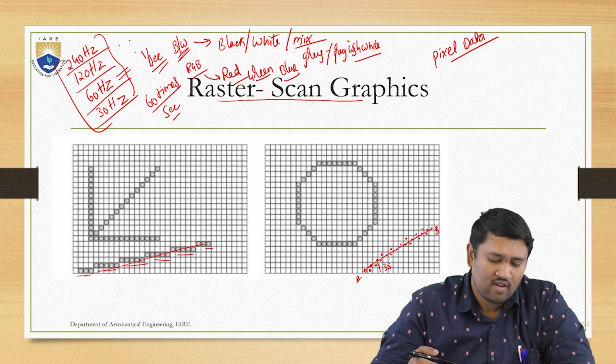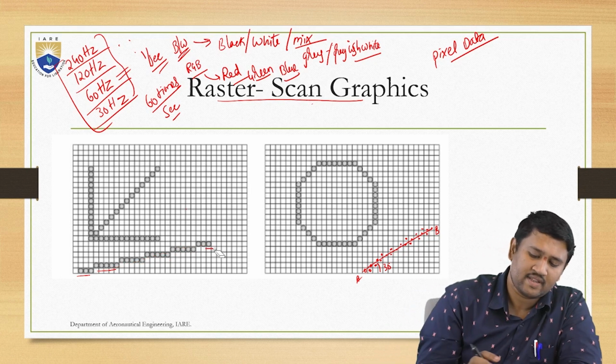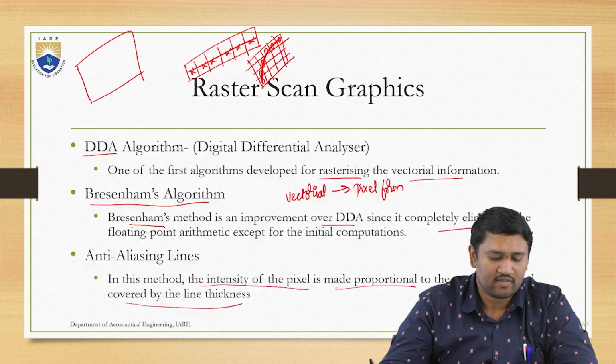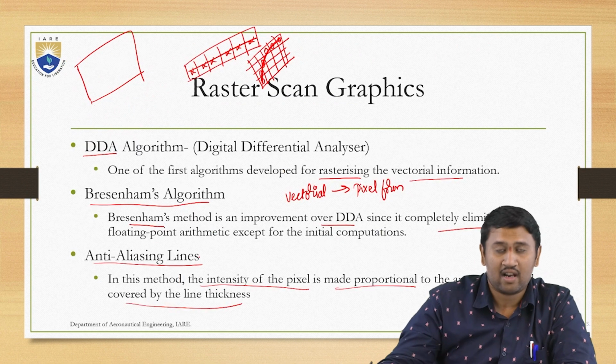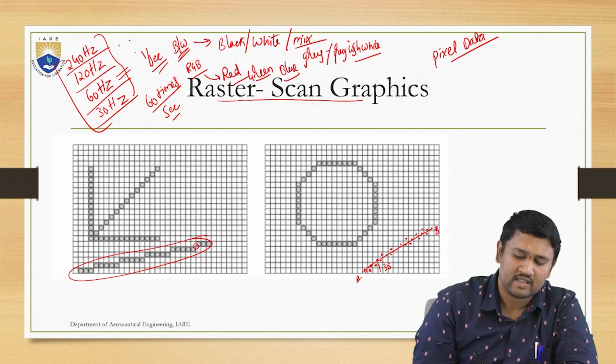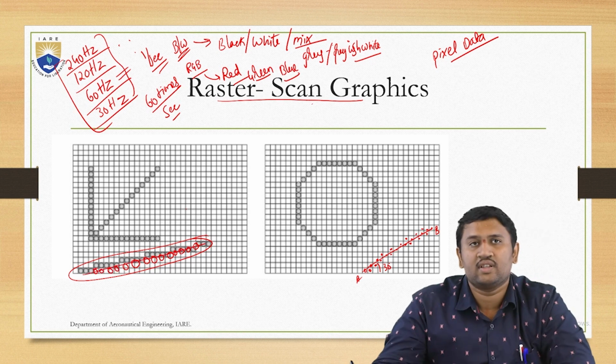Now in this case, the line in the form of pixels, as we are seeing here, is not as accurate as possible, right? For those cases, you are using the anti-aliasing lines algorithm to increase the intensities of the pixels, to get your line as inclined and as straight as possible, right?